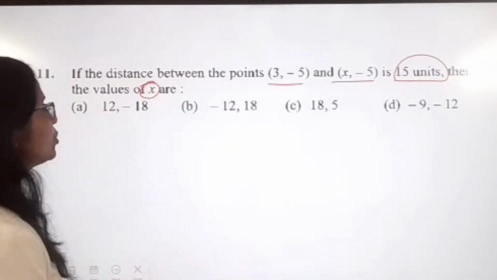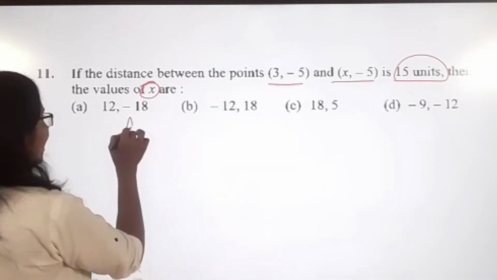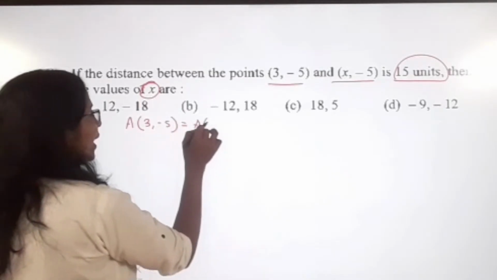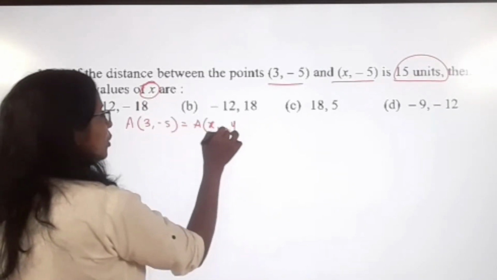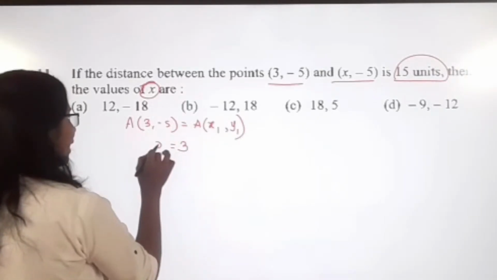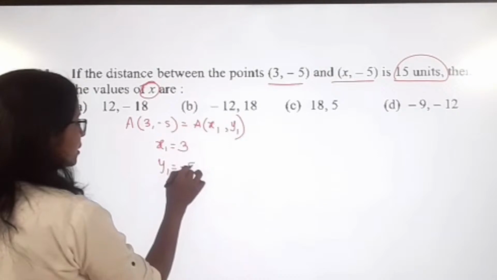So what is the distance formula? Before that, we consider the given point (3, minus 5) as A (x1, y1). So here students, x1 is equal to 3 and y1 is equal to minus 5.